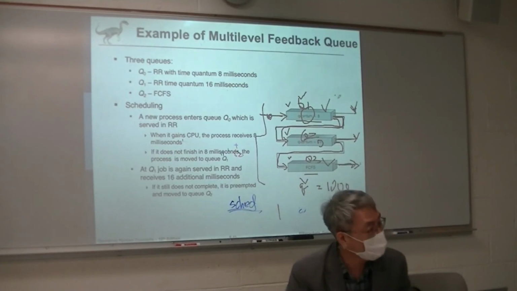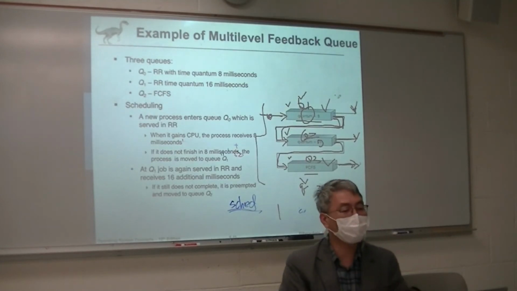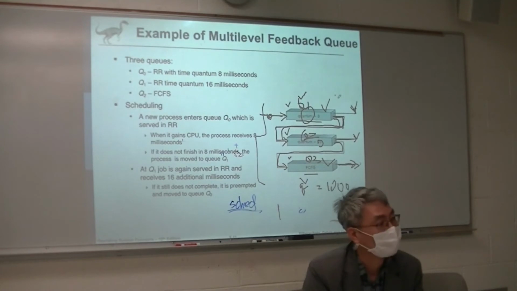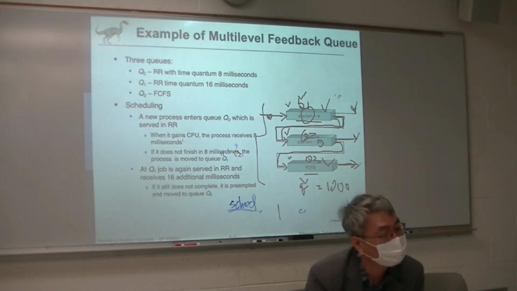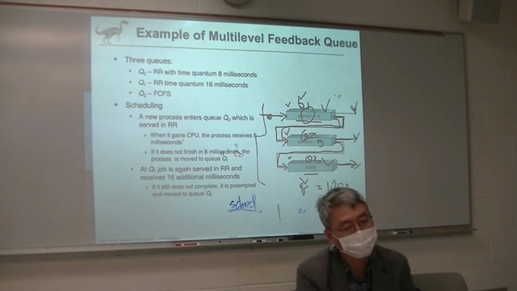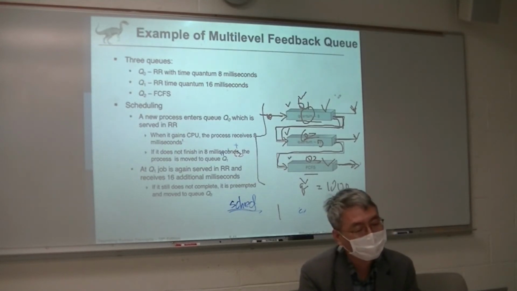So it should be fast and simple. But the multi-level feedback queue, as you can see, I assigned this problem a couple of times as a programming project. It doesn't look simple at first, but eventually it is simple, actually.